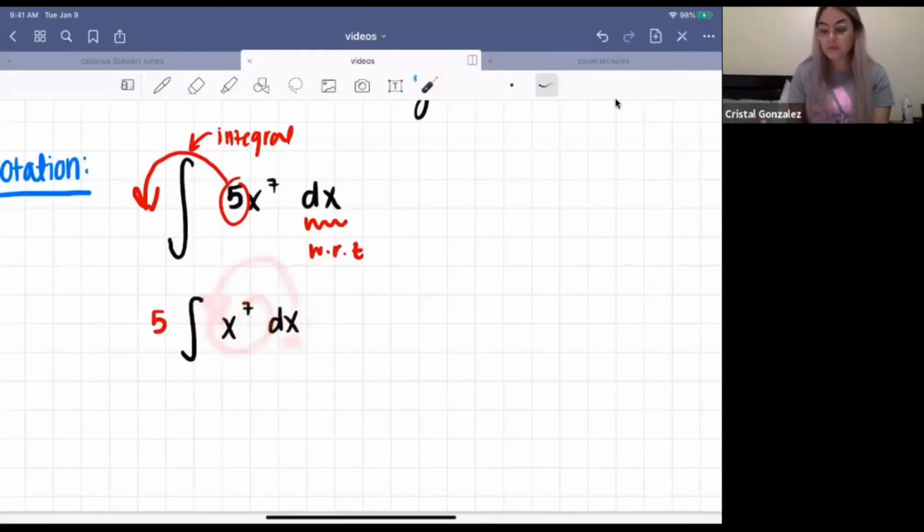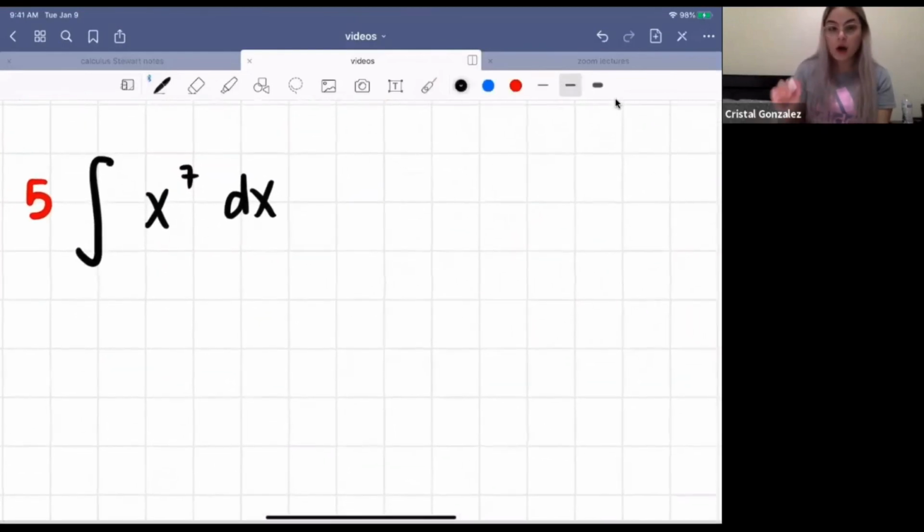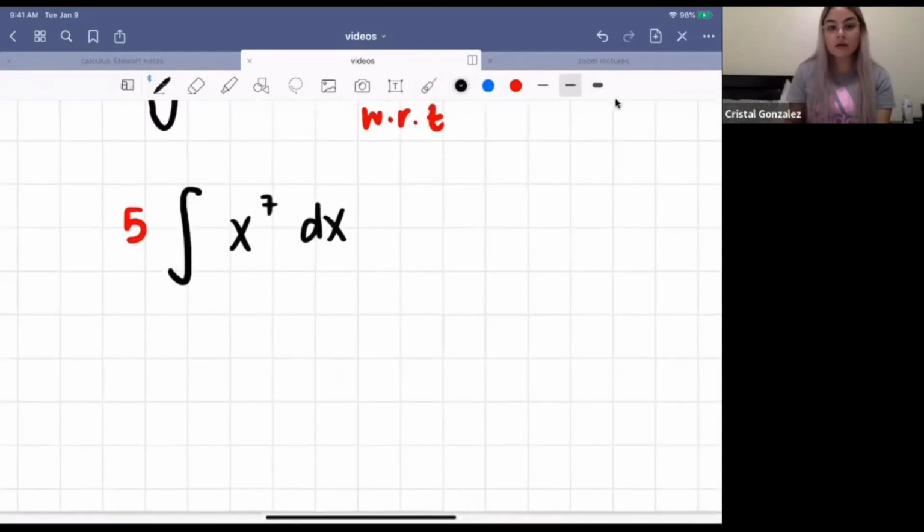To integrate this, remember that to get the opposite of a derivative, we're going to add 1 to the exponent and then divide by it at the bottom. Once you've done that, we still have this 5 outside.